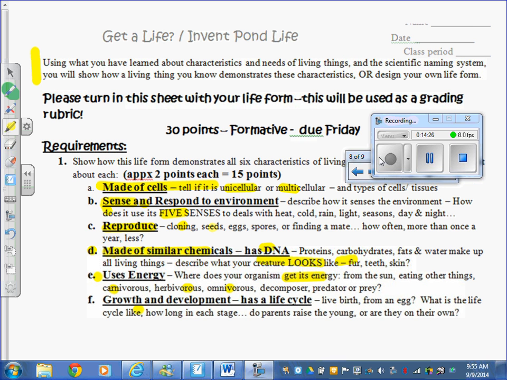Does it live for 100 years? Does it live for 1 day? Right? So that's this. So then the last part, and then I'll give you some examples, that's basically using those 6 characteristics and describing.